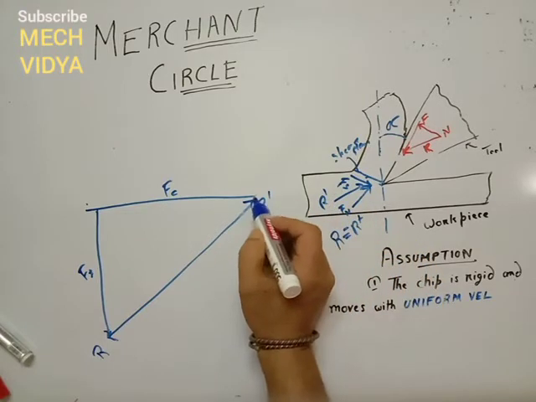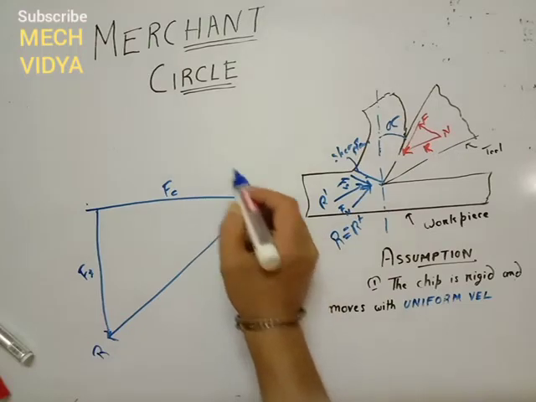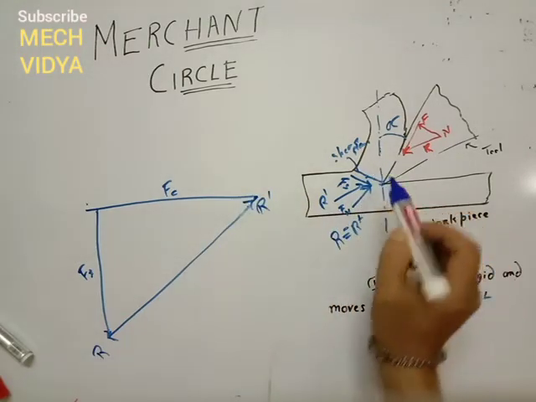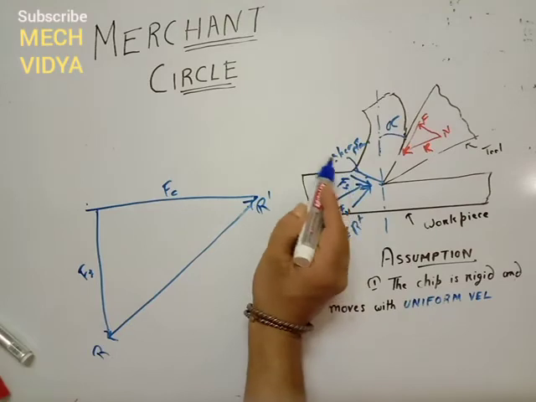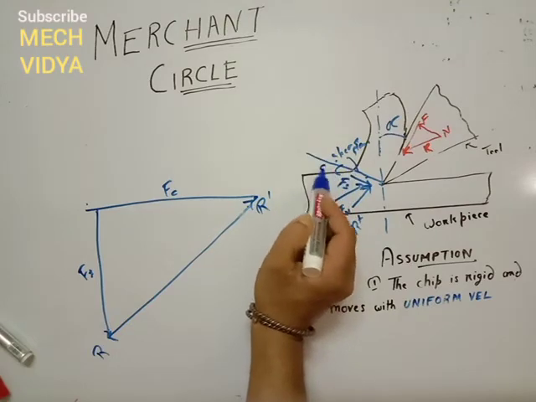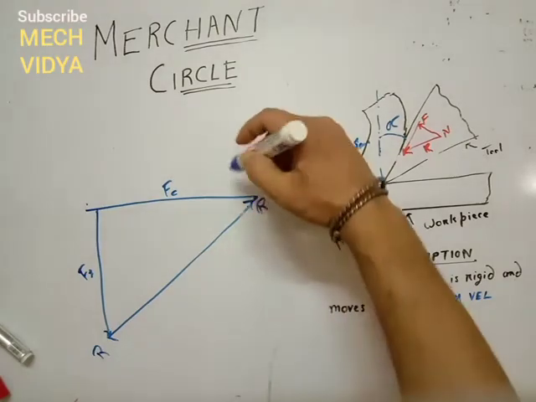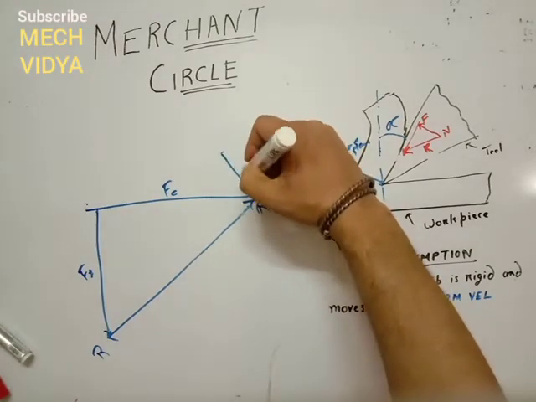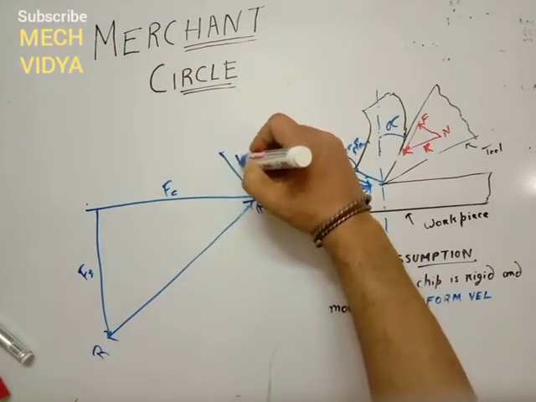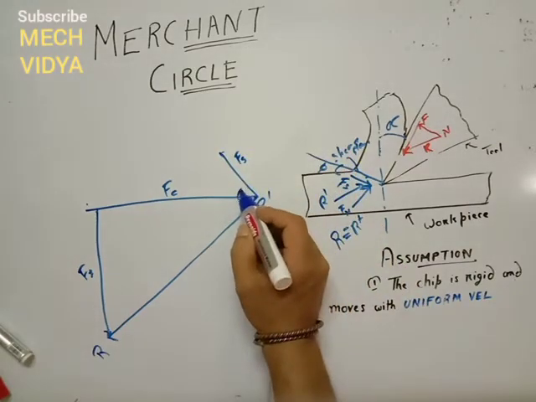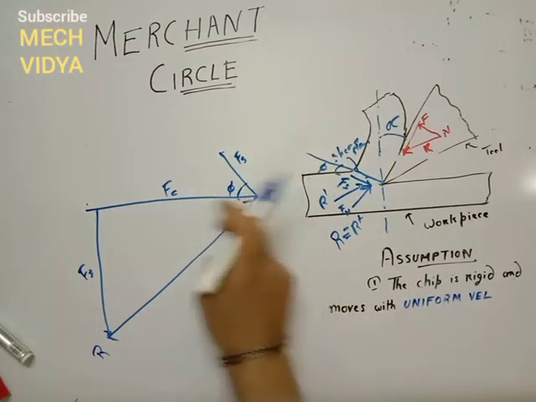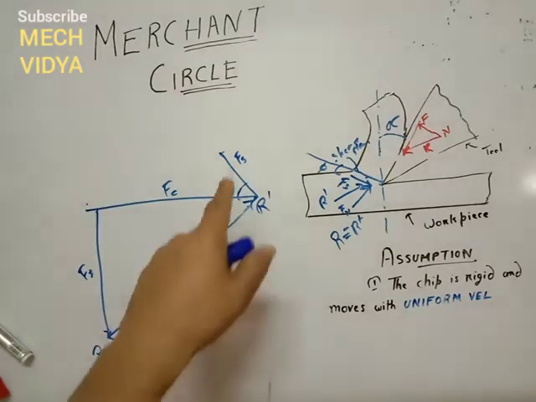So from this point, I have to draw this Fs. Now see this shear plane, it makes an angle phi, which is called the shear angle. It makes an angle phi with the horizontal. So our Fs force will be drawn like this. This is our Fs, and it is making an angle phi with the horizontal. Okay, so Fs is done.